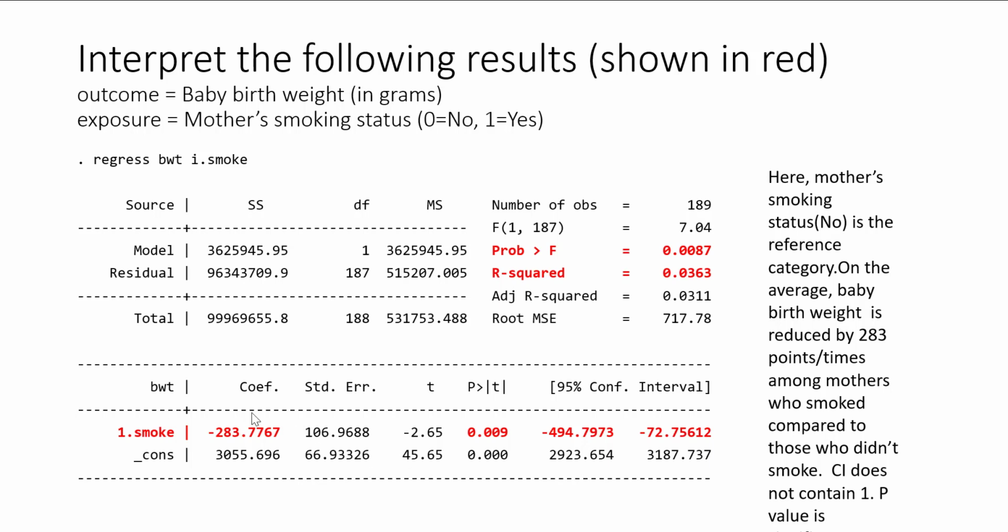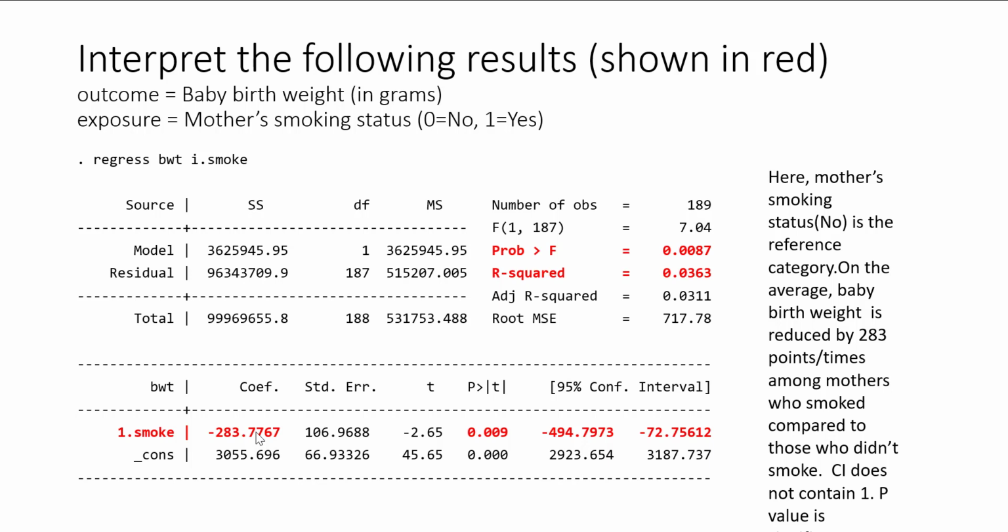So now, how do you interpret this one here? Like I told you, the default category is 0, the reference category. So now that means that on the average, the birth weight is reduced by 283 points among mothers who smoked compared to those who didn't smoke.